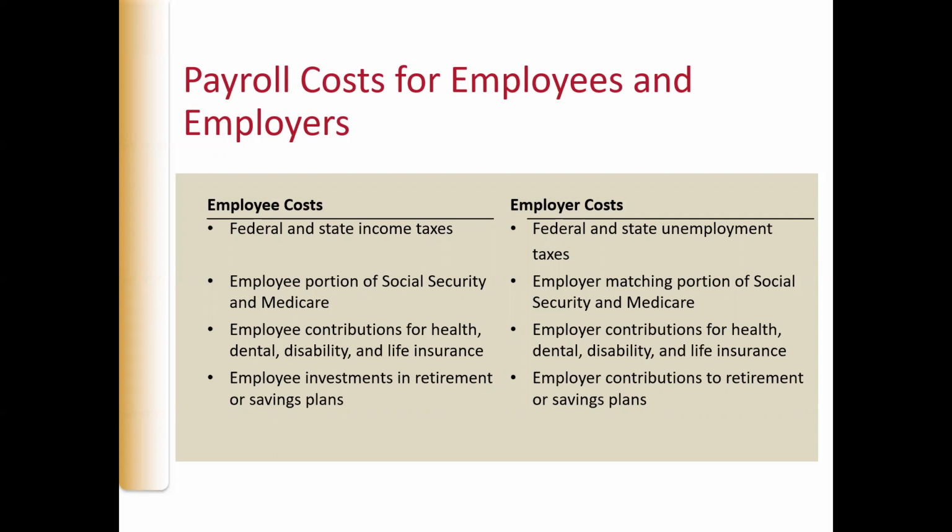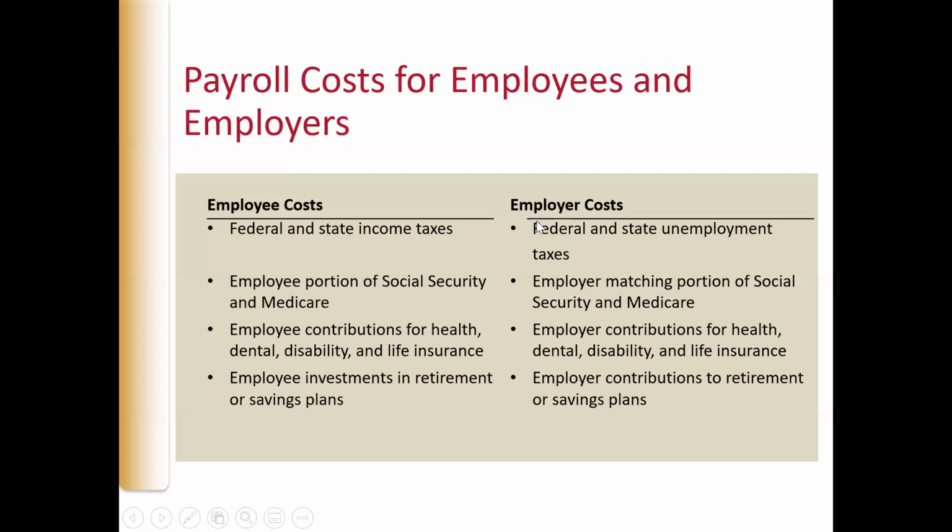State, if they live or work in a state that has state income taxes, which most of them do apart from about 4 or 5. And then an employee has to take out their share of Social Security and Medicare taxes, and then possibly other deductions for maybe some benefits: health, dental, disability, life insurance, retirement plans.